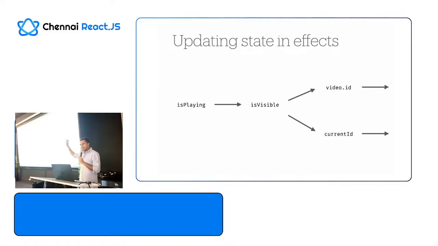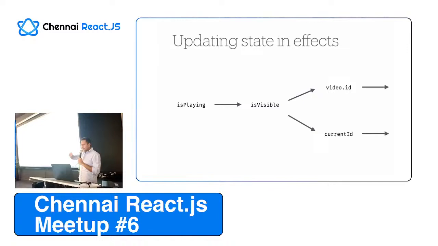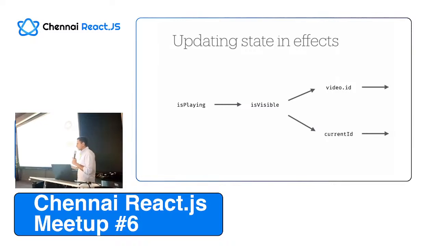So we've got is playing, which is derived from the is visible value, which is based on video and current ID, which are themselves derived from props and context, right? But if we think about it, props and context are reactive. Whenever props and context change, the component does re-render. So there's actually no need for that state.